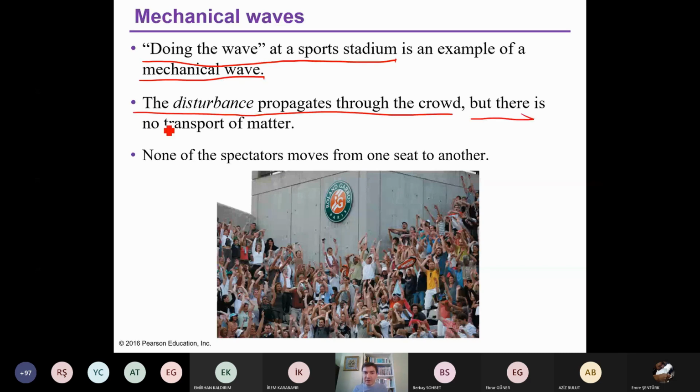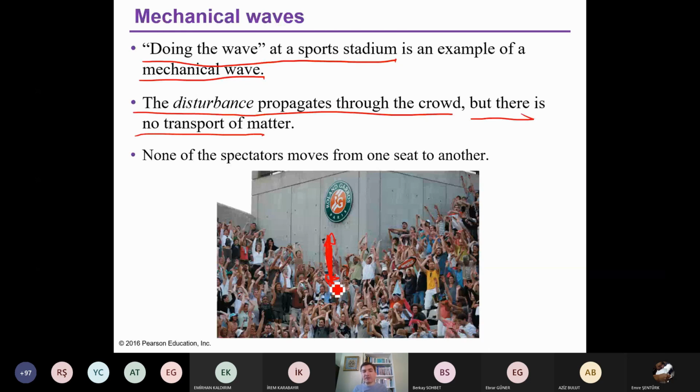Here, there is one guy, okay? This guy or a lady here moves up and down, okay? The motion is up and down. He or she stays at the same position, okay? He or she does not move to the right or to the left.